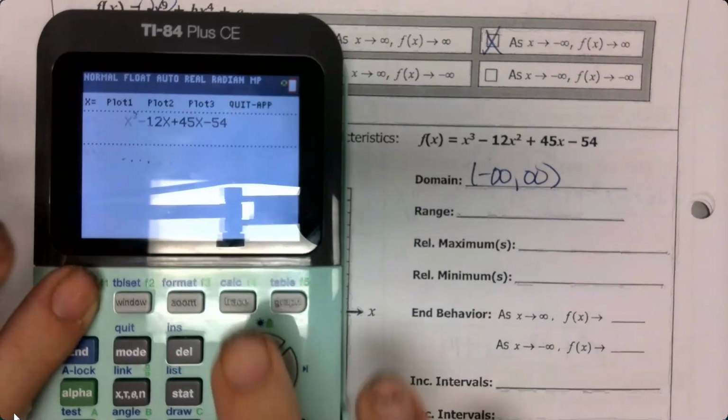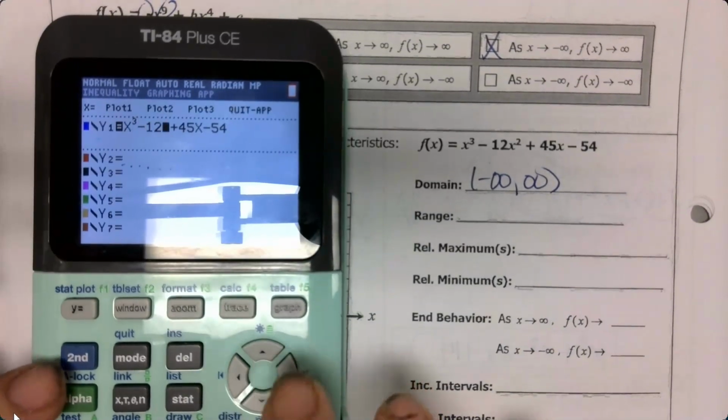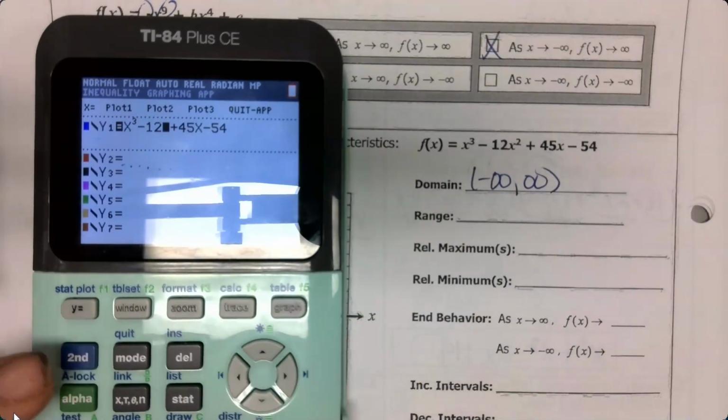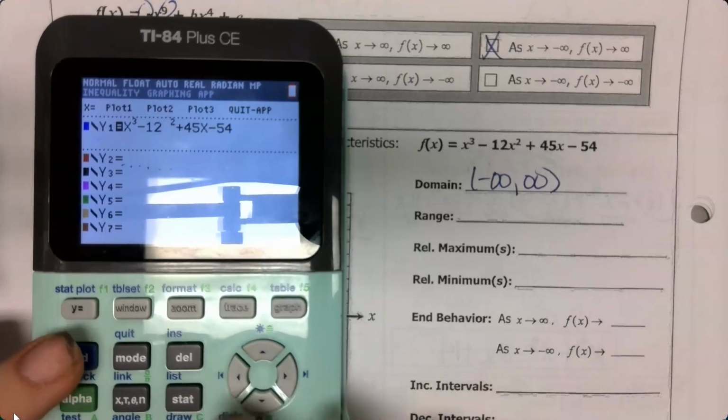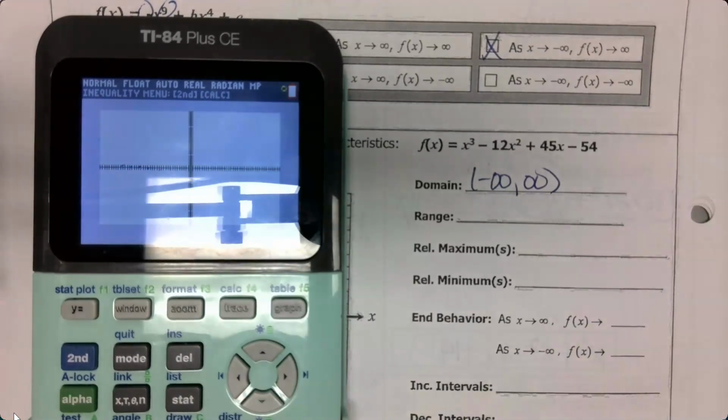Oh, I typed it in wrong. That's why it's not graphing right. Let's try this again. Let's zoom back into normal. That looks much better. So that is at 3 and 6.